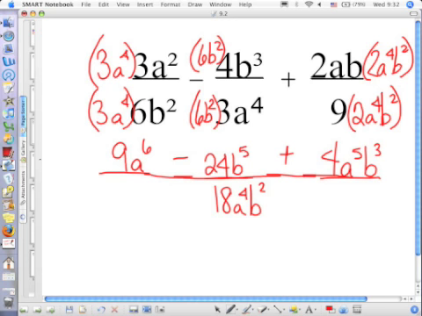Can you add this term to that term? They're not alike. Can you factor anything out of these 3 terms? No. That's your answer. And you can't just pick things apart. You can't just start canceling A's and B's. Most of the time, you're going to stop there, right? Okay?